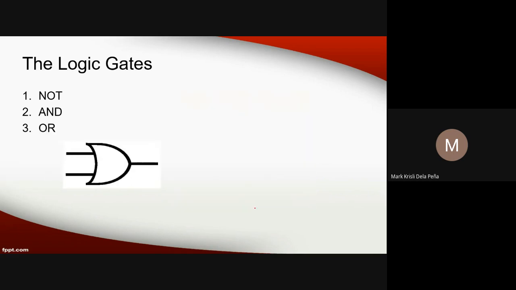Then the next is the OR gate. This is the symbol for the OR logic gate. Again, remember that the left side of this figure are the inputs.